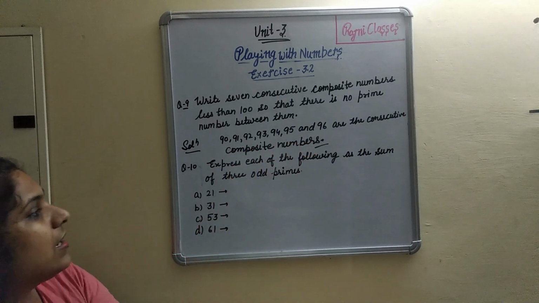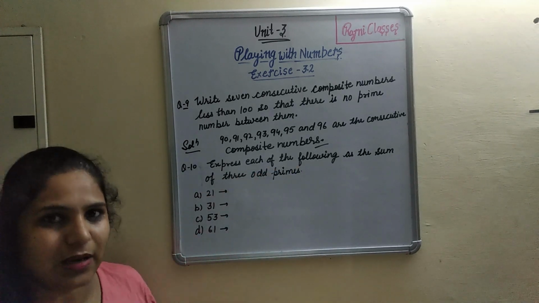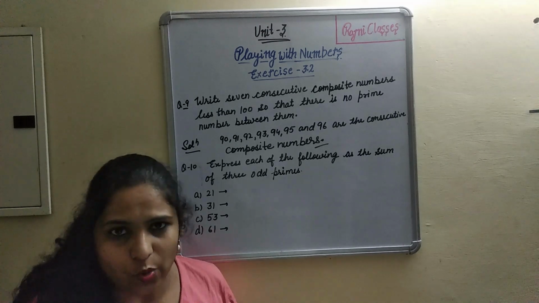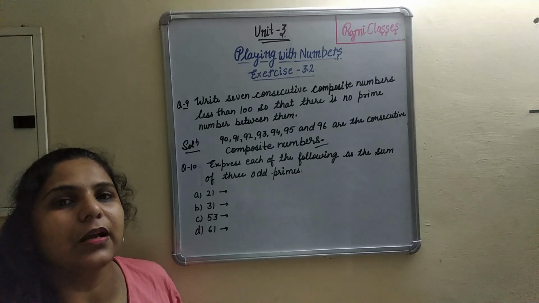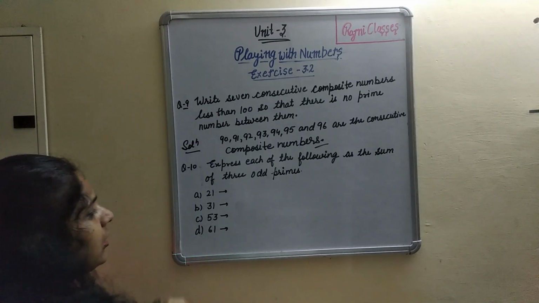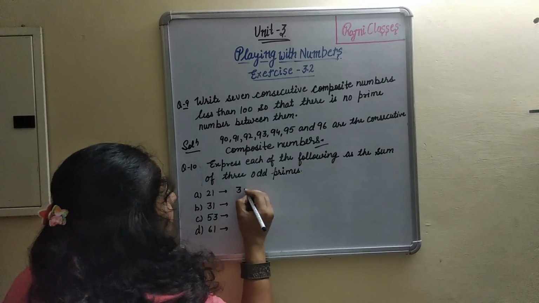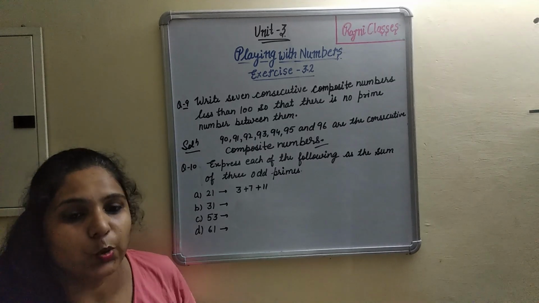Now next question. Express each of the following as the sum of 3 odd primes. 7 plus 11, that makes it 23.